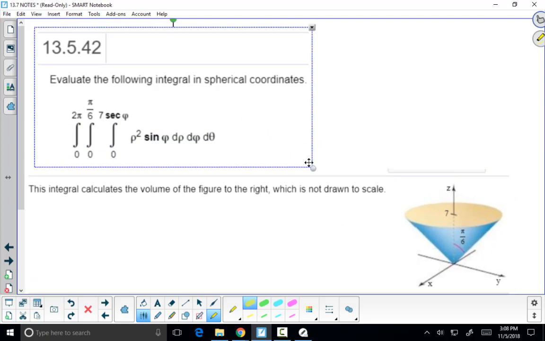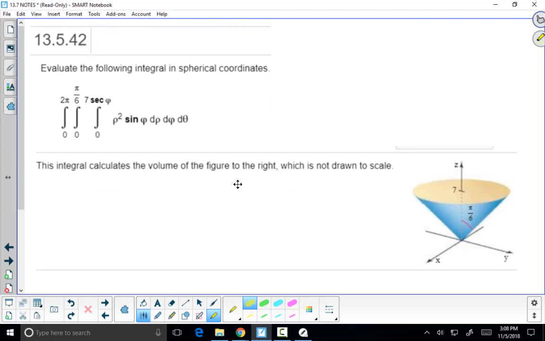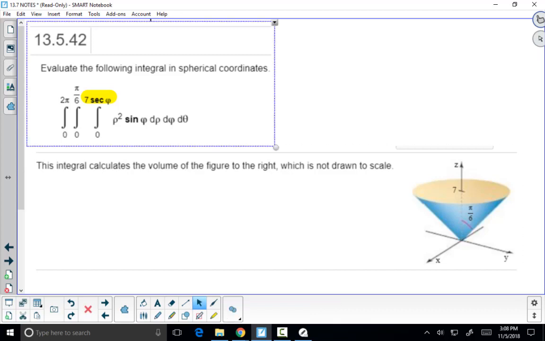Okay, so spherical planes and spherical... Has everybody got those down? So this right here, 7 secant phi, that is the plane z equals 7. When you look at 7 secant phi, it's not obvious that that's a flat plane, right?